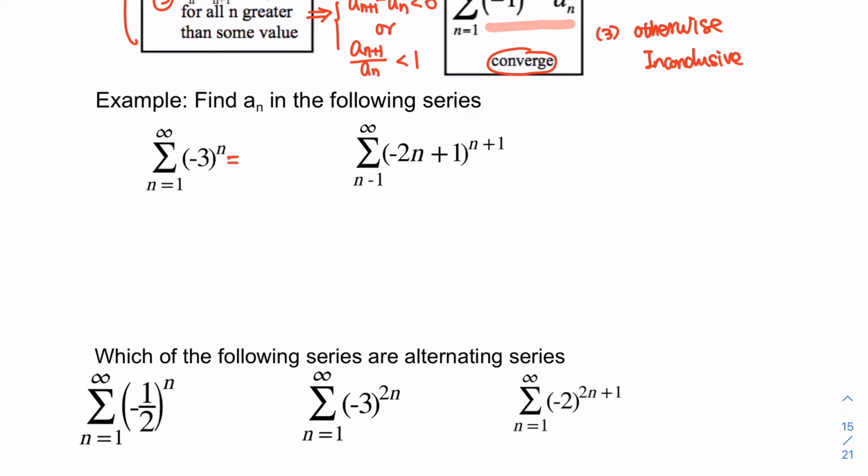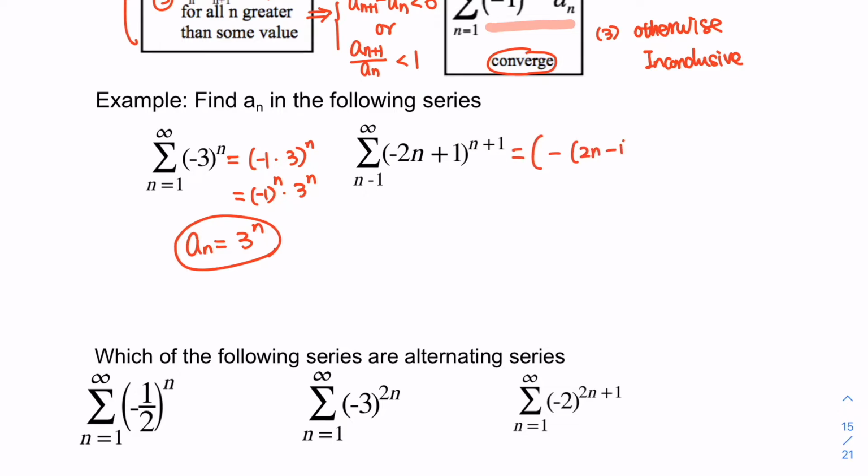So -3 equals -1 times 3, so it's (-1)^n times 3^n. So a_n will be 3 to the nth power, the term without (-1)^n. Similarly, we factor -1 out. So it's (-1)^(n+1) times 2n minus 1 to the n plus 1. This part will be our a_n.